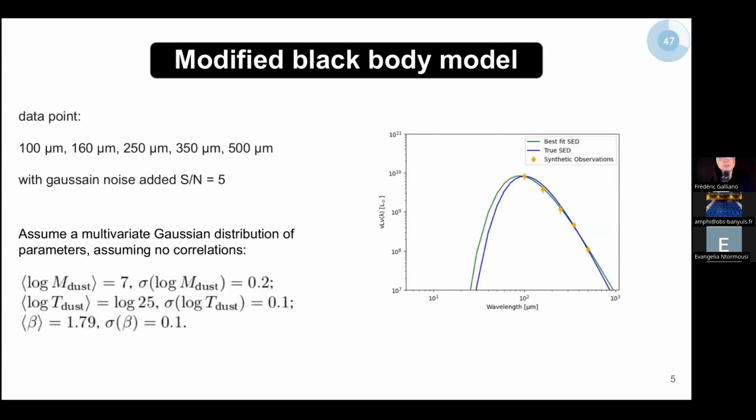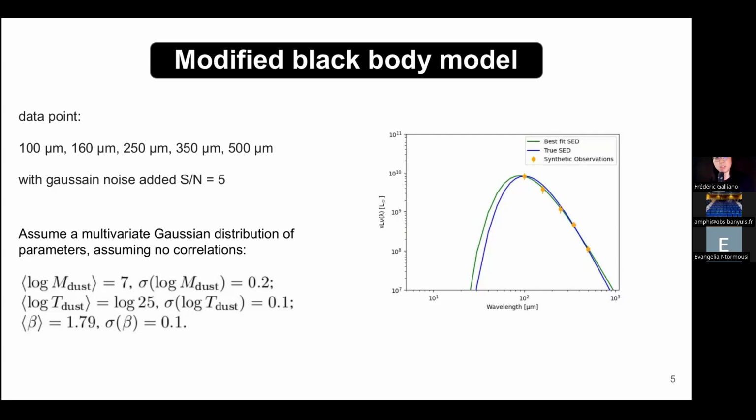So as an example of fitting the observed data, here we give 5 artificial data points, generated with random Gaussian noise, under the assumption of no correlations, with parameters drawn from a Gaussian distribution. So we can fit the observed data and give a best fit.